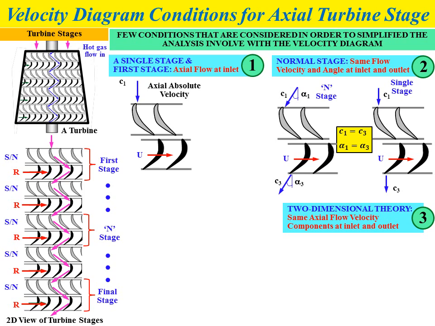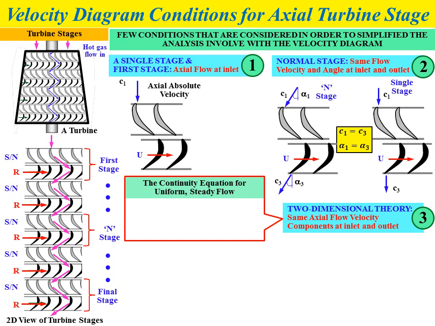The third condition is the two-dimensional theory condition, where we implement the same axial flow velocity component at the inlet and at the outlet. This condition is based on the continuity equation for uniform and steady flow.